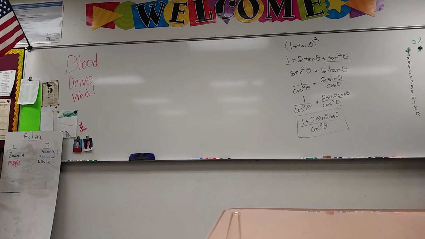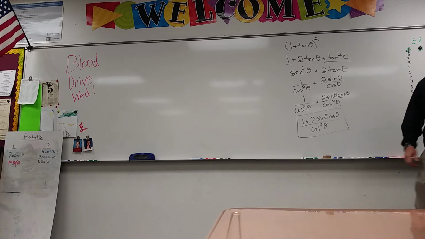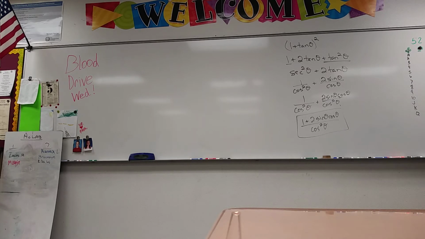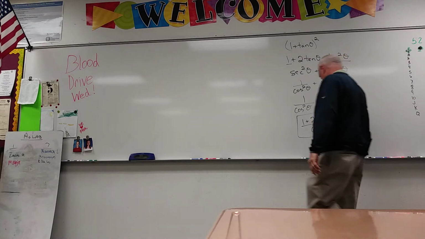So, perform the indicated operations and simplify your answers if possible. Leave all answers in terms of sine of theta and cosine of theta. Yeah, no, I'm not a big fan of that one. But, oh well. Any others? All right, and let's move on.